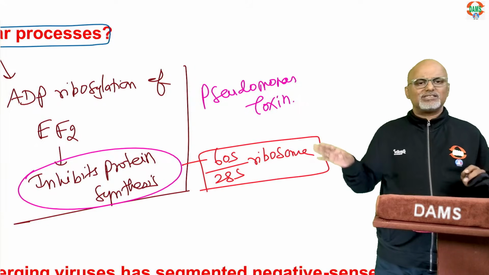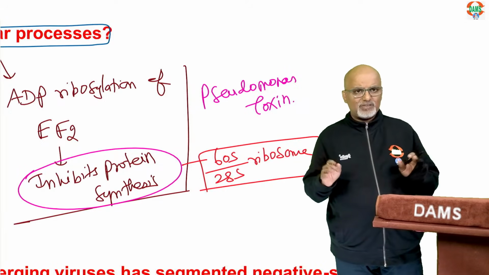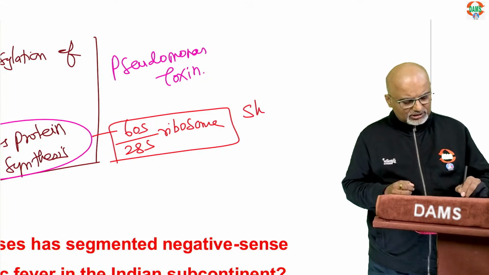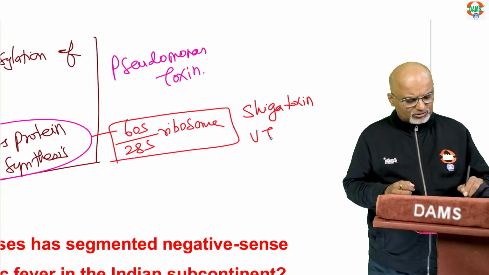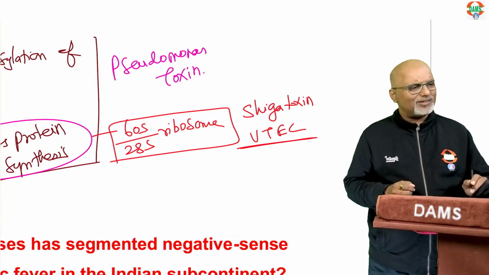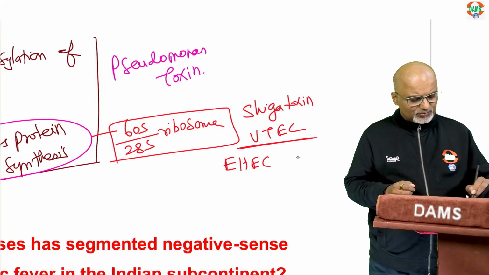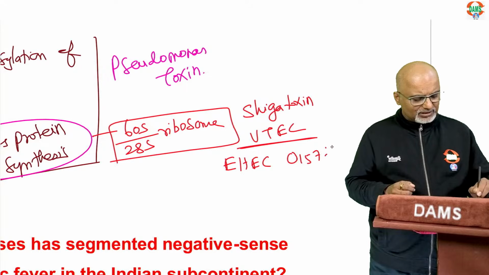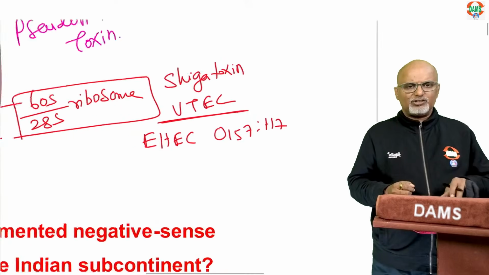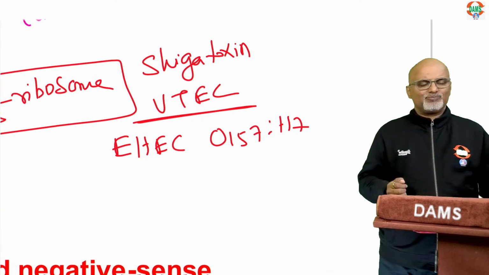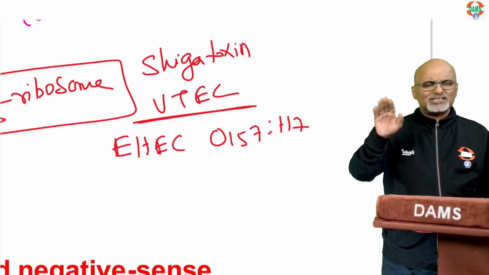They inhibit protein synthesis: Shiga toxin or verotoxigenic E. coli. One is Shiga toxin. Another one is verotoxigenic E. coli. Nothing but enterohemorrhagic E. coli, O157:H7. These organisms inhibit protein synthesis.